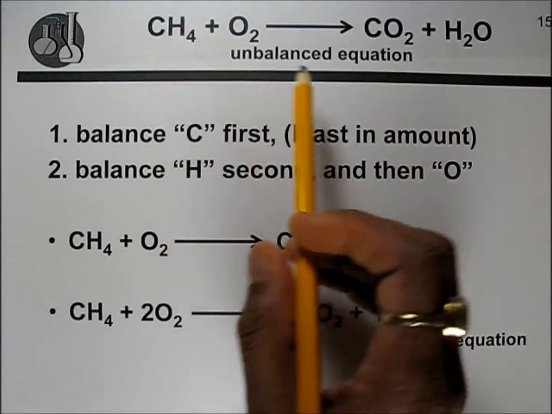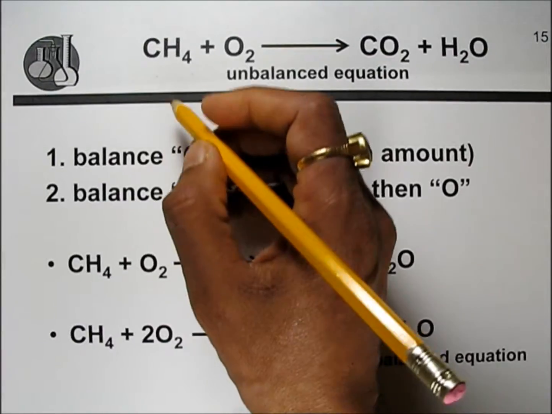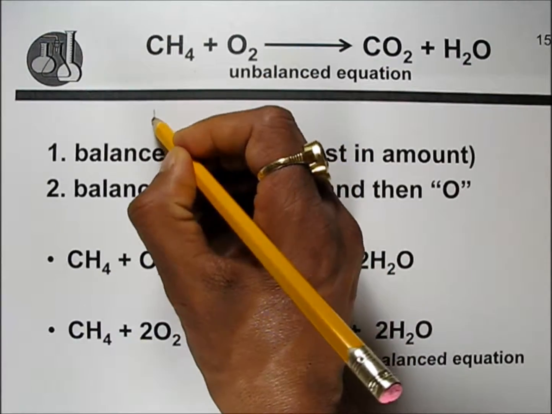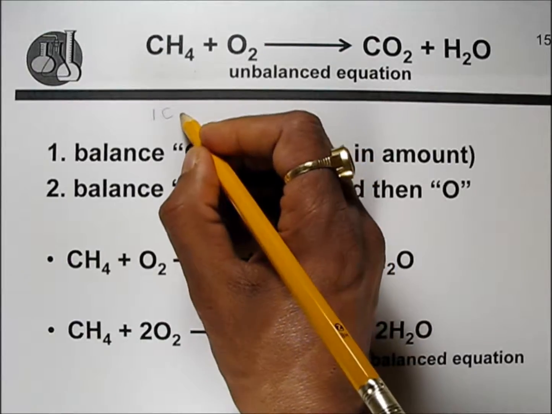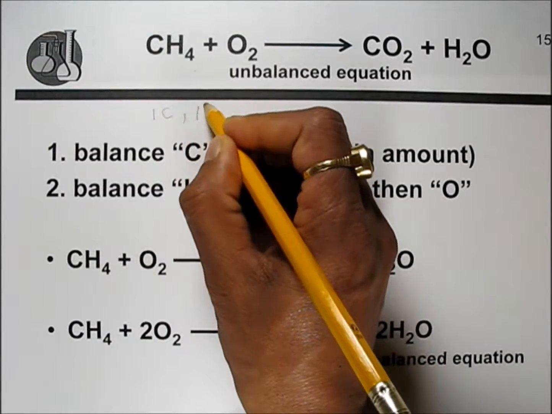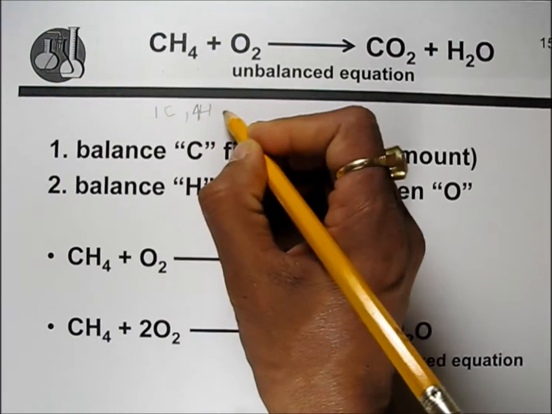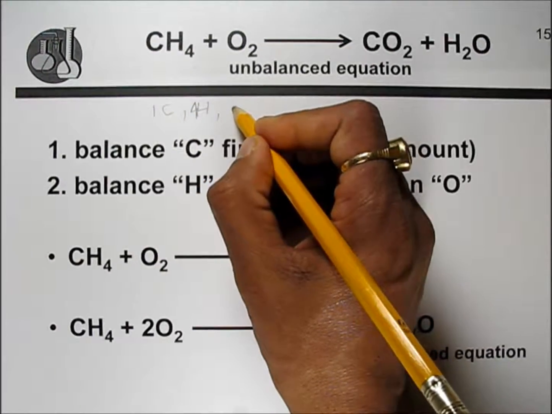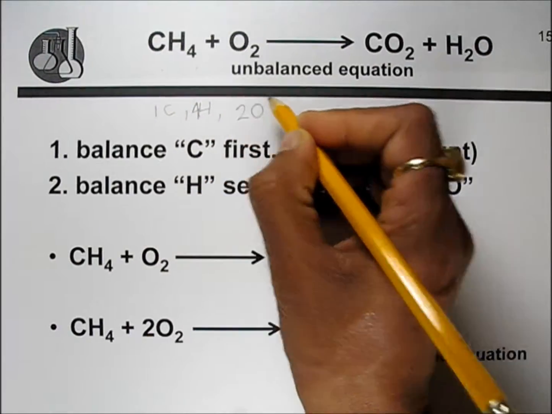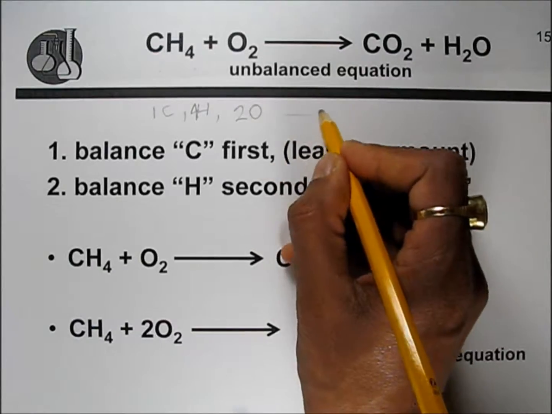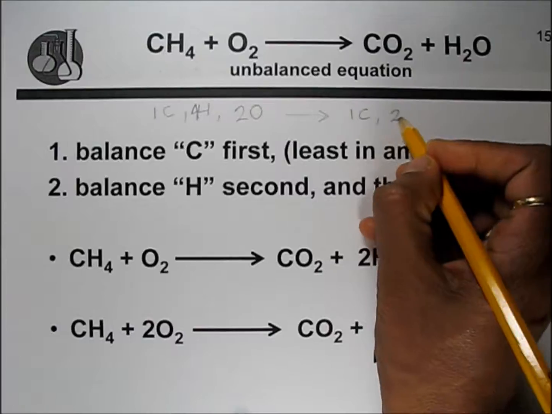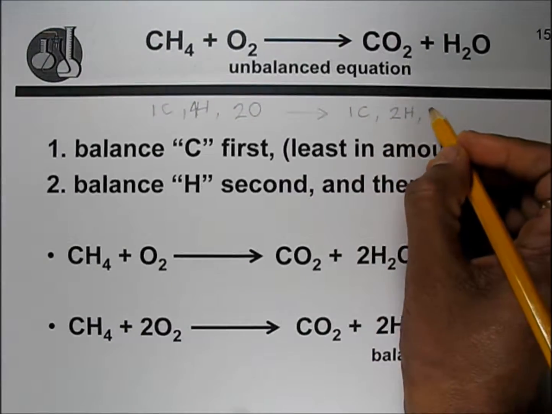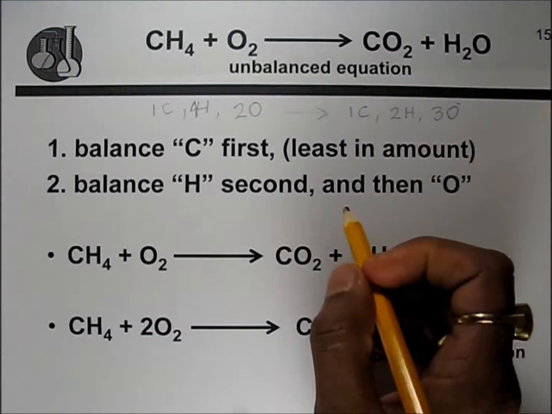So to balance, we have to see here one carbon, and then hydrogen is 4, and then oxygen is 2 oxygen atoms. On this side one carbon is there, 2 hydrogens are there, and 3 oxygens are there.